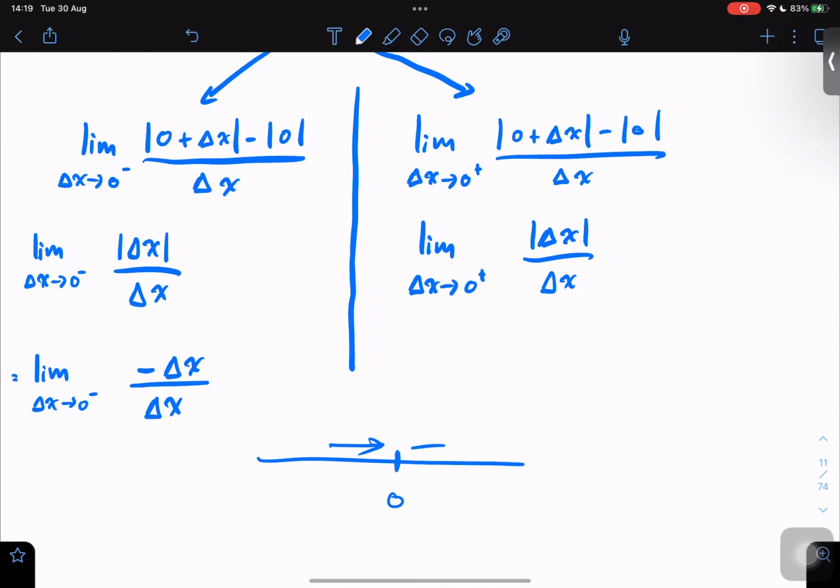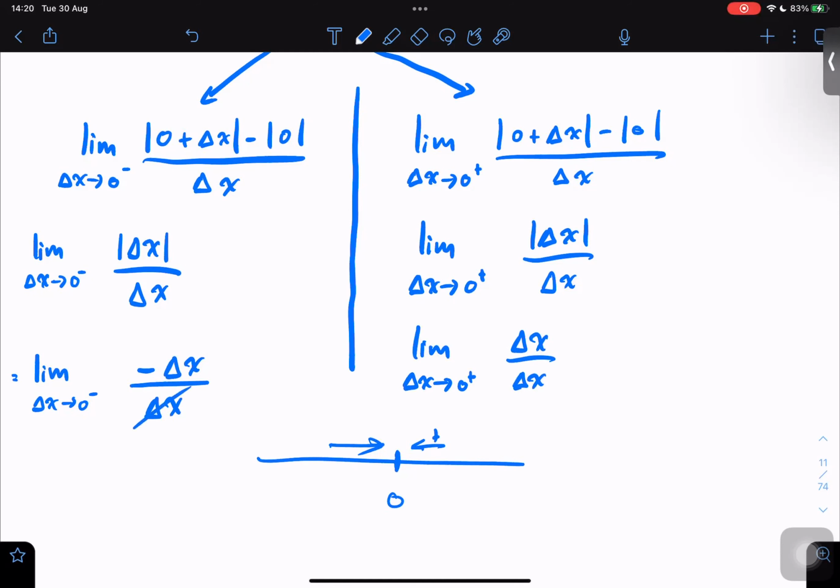And when it's coming from the right, it's positive, right? So it becomes the limit of delta x over delta x.